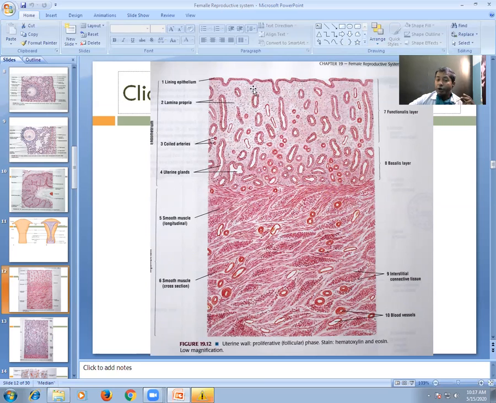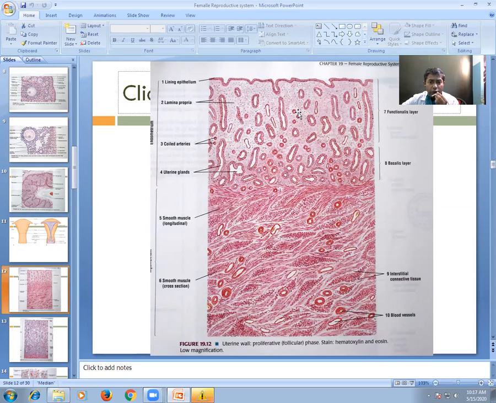The endometrium consists of a lining epithelium, which is simple columnar epithelium with cilia. After the epithelium, you will get the lamina propria, and in the lamina propria you will get the uterine glands.